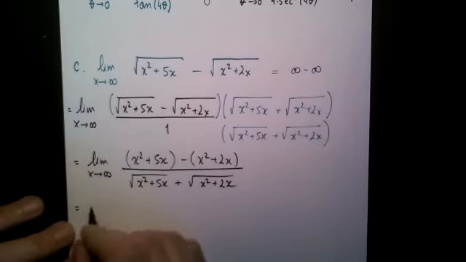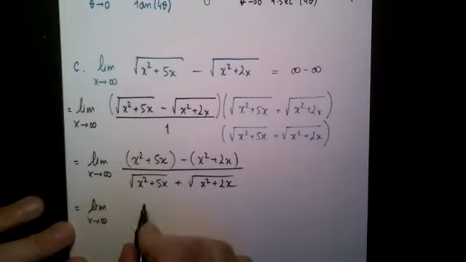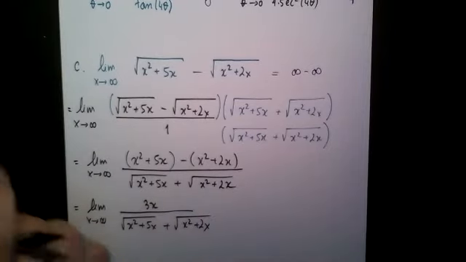This could be simplified further. x2 minus x2 is out, 5x minus 2x is 3x. And on the bottom, square root of x2 plus 5x plus square root of x2 plus 2x. Okay, now what?